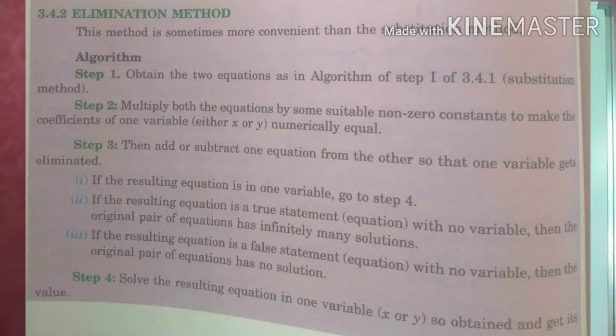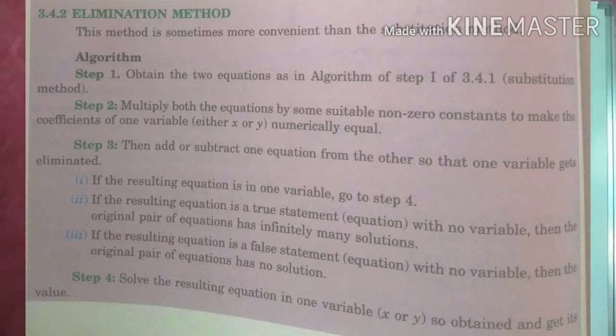The second step is to multiply both the equations by some suitable non-zero constant to make the coefficients of one variable numerically equal. After writing, check the coefficients of the variables.